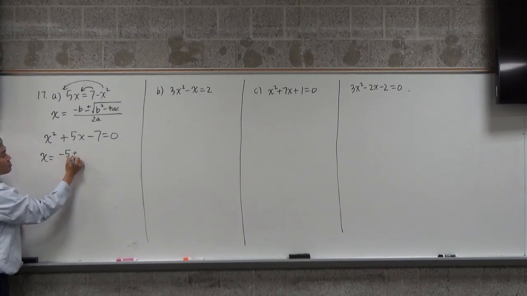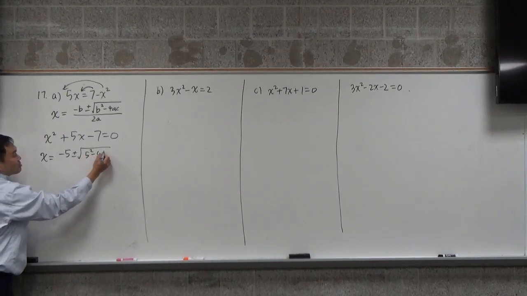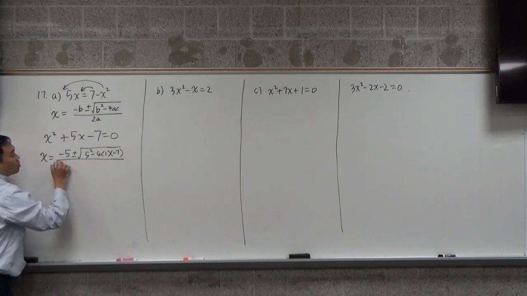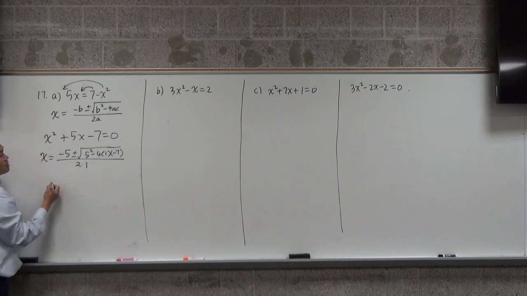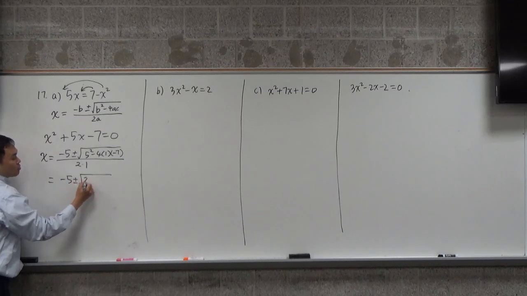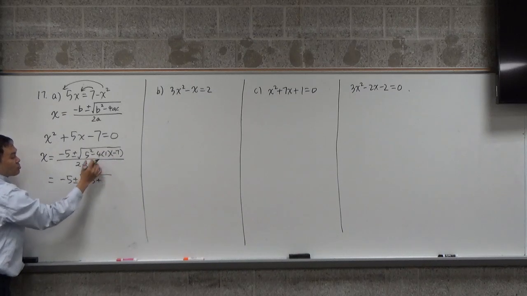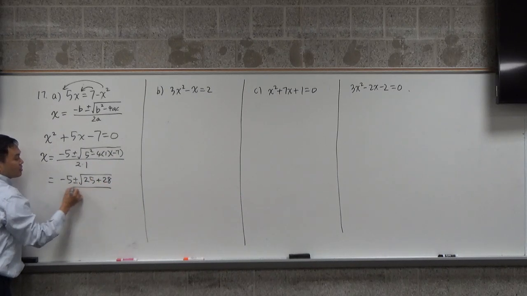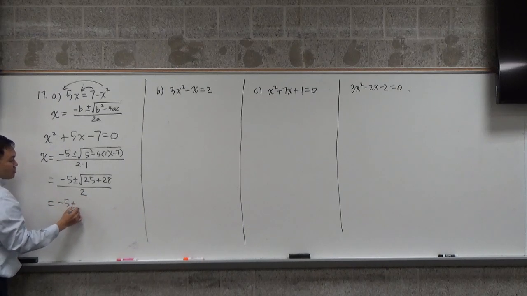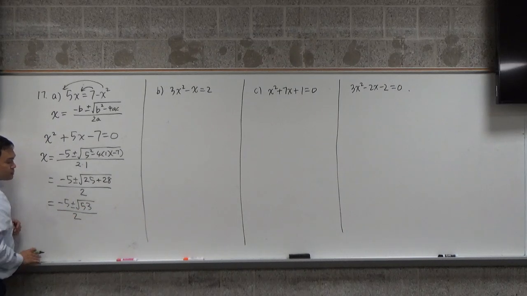Negative 5 plus or minus the square root of 5 squared minus 4 times 1 times negative 7, over 2 times 1. That gives you negative 5 plus or minus the square root of 25, minus minus is plus, 7 times 4 is 28, over 2. And then you get negative 5 plus or minus the square root of 53 over 2.